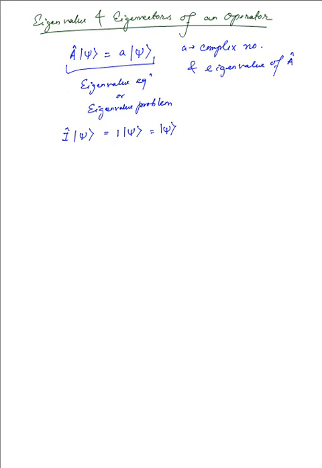If A operating on psi gives us the small a eigenvalue times psi, then the nth power of A operating on psi also gives us the n-powered eigenvalue, that is a raised to the power n times psi.